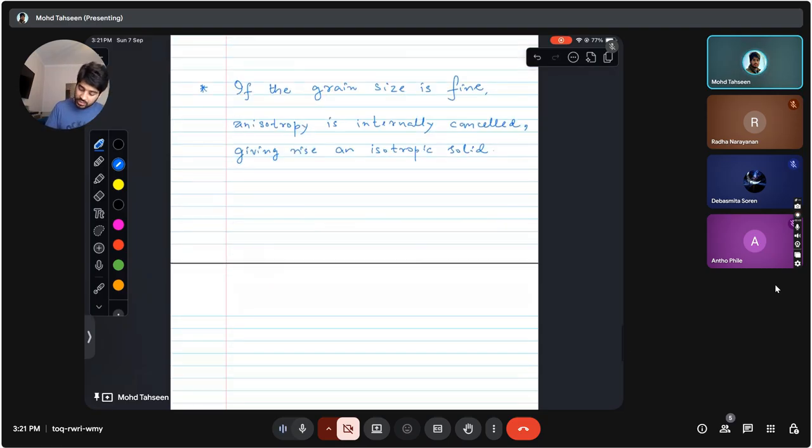On the other hand, if the grain size is coarse, it does not cancel the effect of each other as in the previous case. So it leads to anisotropy.